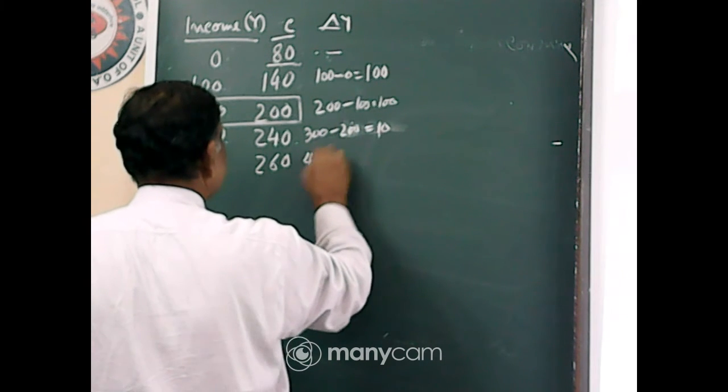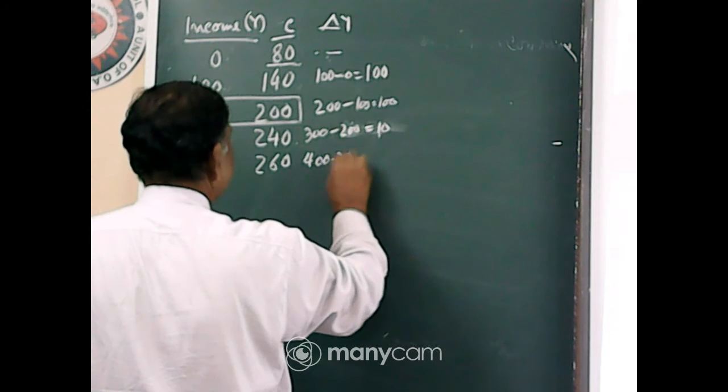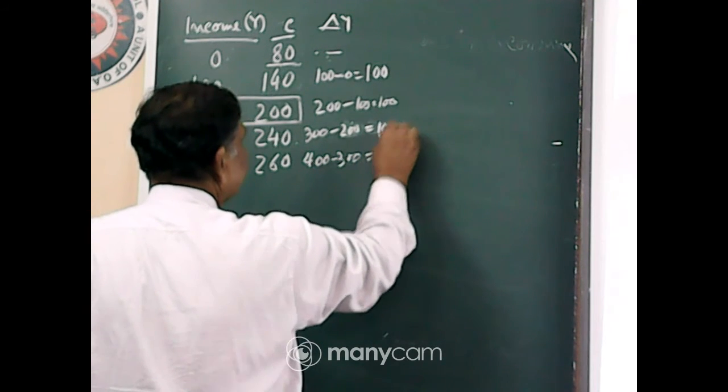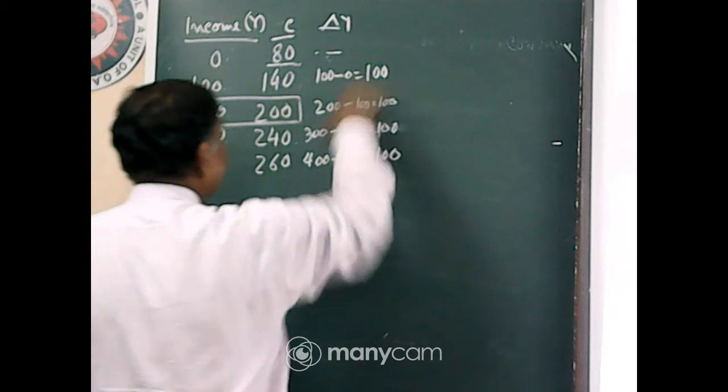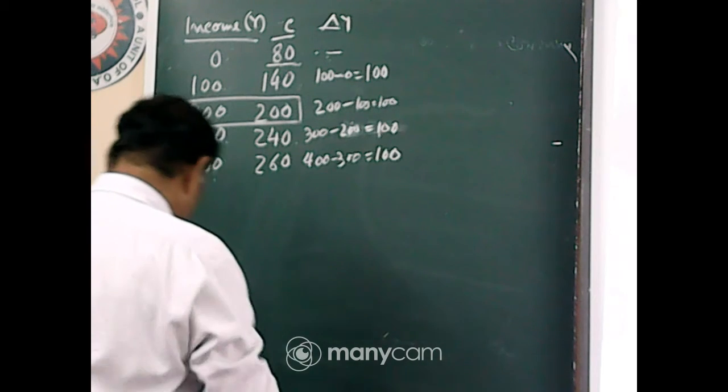Then 400 minus 300, it is also 100. Right? So 100.